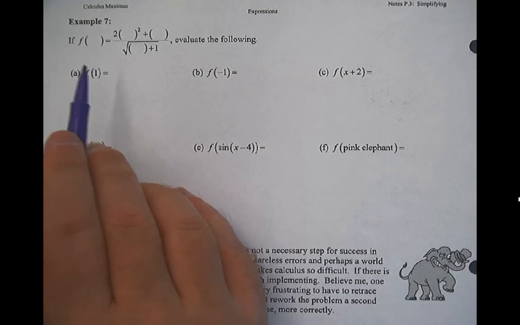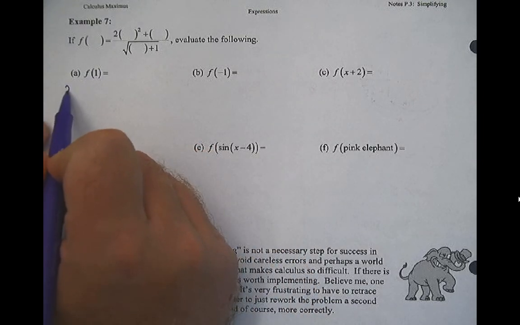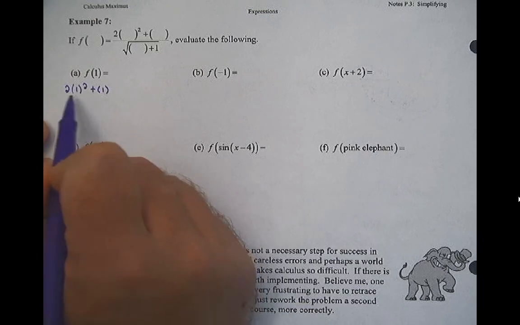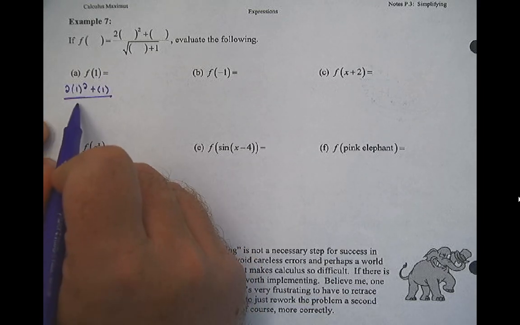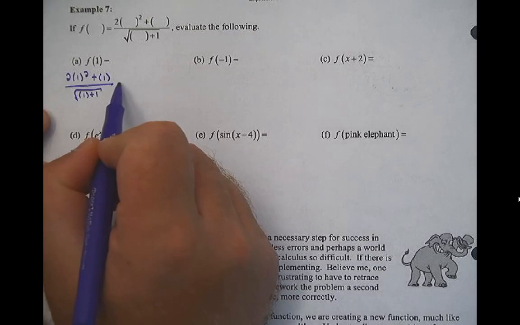So what is f of 1? I would rewrite this thing. F of 1 would be 2 times the quantity of 1 squared plus 1 over the square root of 1 plus 1. So everywhere there I had a parenthesis, I plugged in a 1. Now I could clean this thing up.